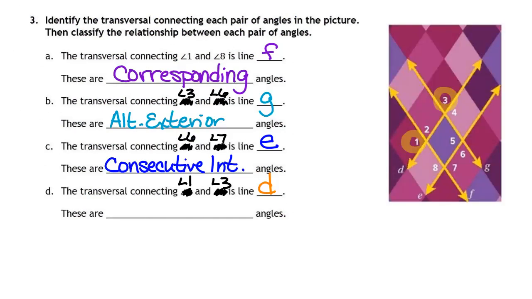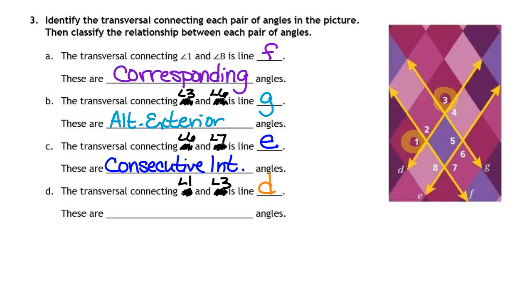So if D is the transversal, then F and G are the two lines that I would want to look in between and outside of to determine interior or exterior. Are 1 and 3 interior to lines F and G, exterior to lines F and G, or one of each? Exterior, on the outside. Same side or opposite sides of the transversal?